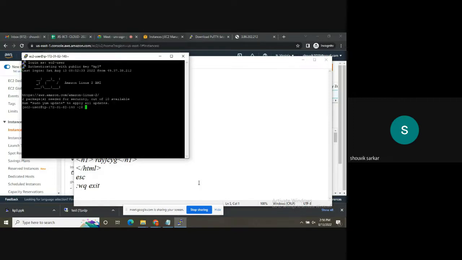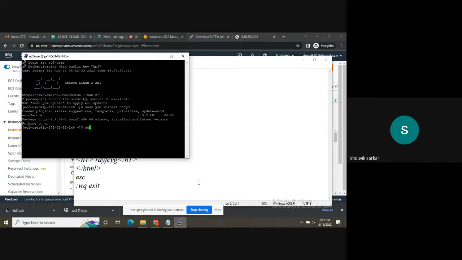We write ec2-user, and here we write sudo. We know that sudo yum install httpd, if we write it, it says that it's already installed.